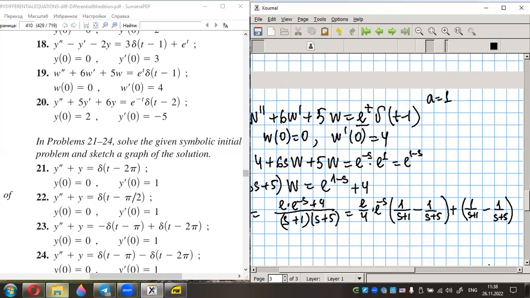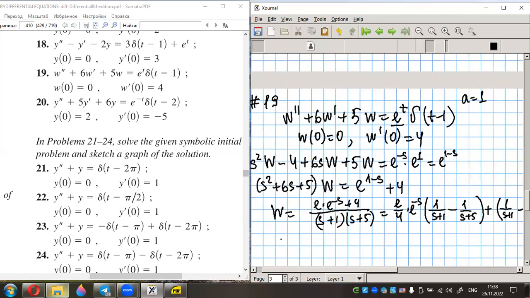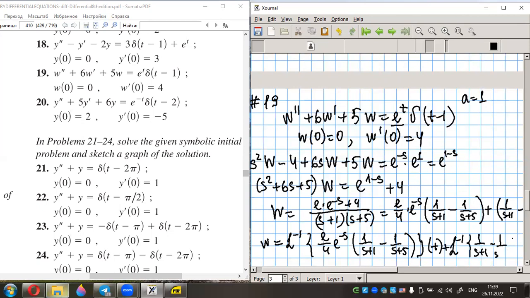Yes. Okay. And little w is the inverse Laplace transform of e over 4 times e to the minus s times 1 over s plus 1 minus 1 over s plus 5, plus the inverse Laplace of 1 over s plus 1 minus 1 over s plus 5.